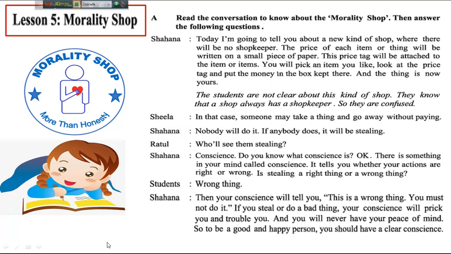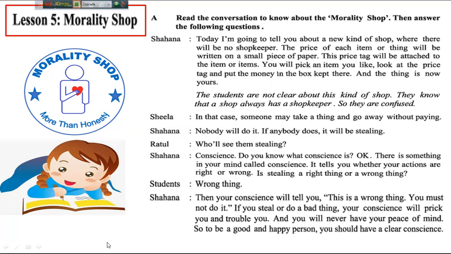Shahana again said, then your conscience will tell you this is a wrong thing. You must not do that. If you steal or do a bad thing, your conscience will prick you and trouble you, and you will never have your peace of mind. So to be a good and happy person, you should have a clear conscience.